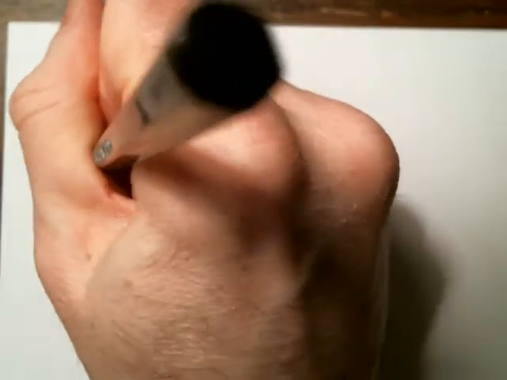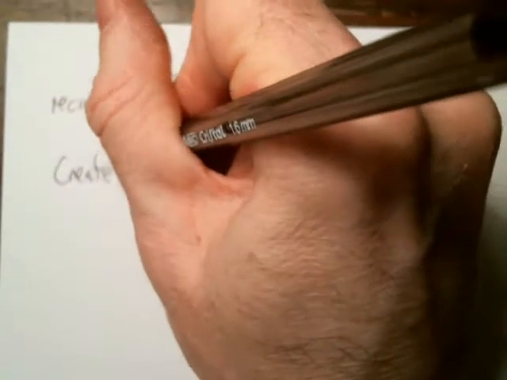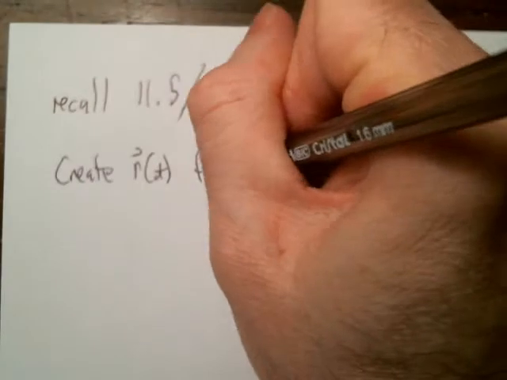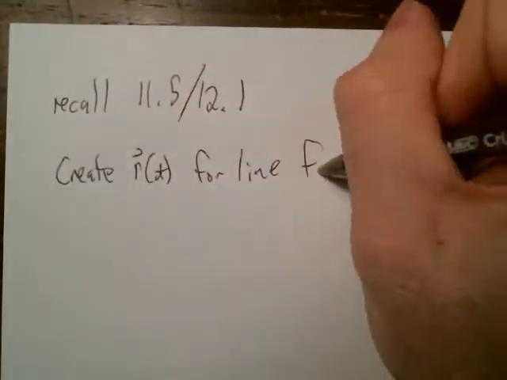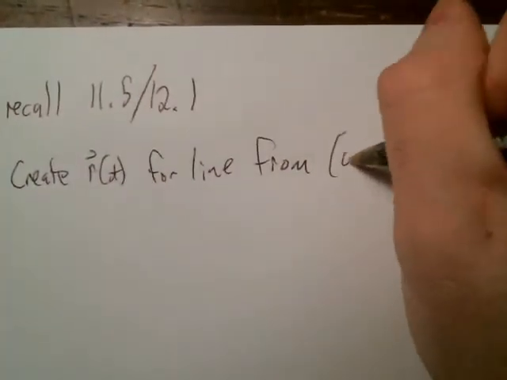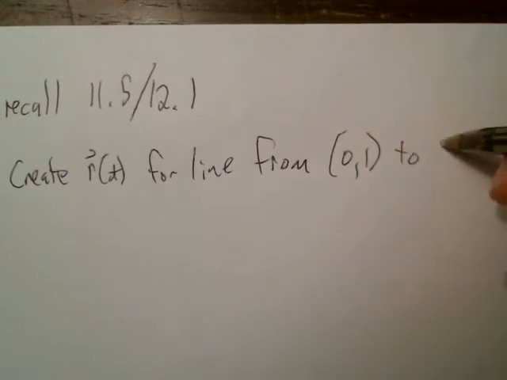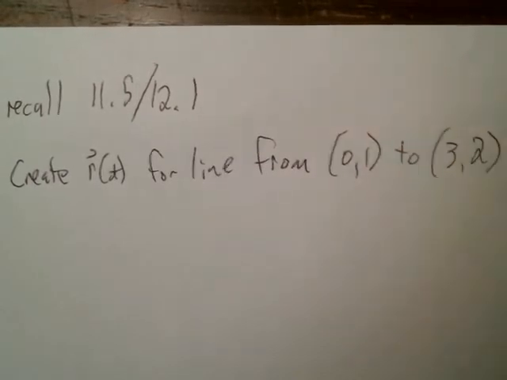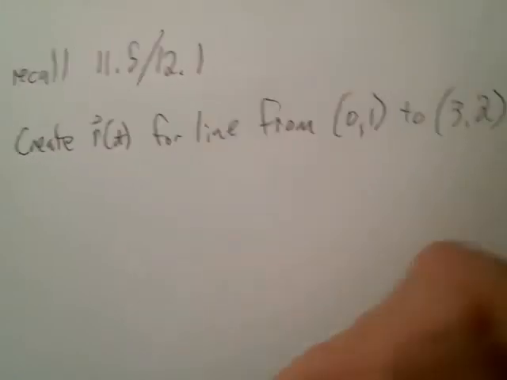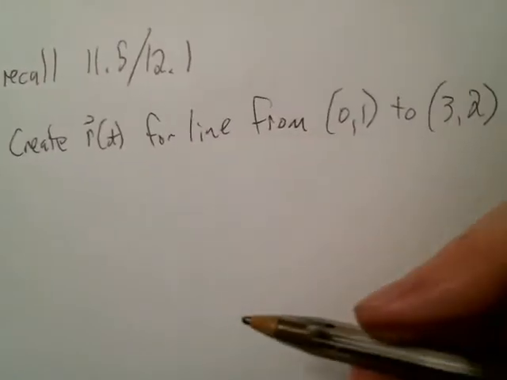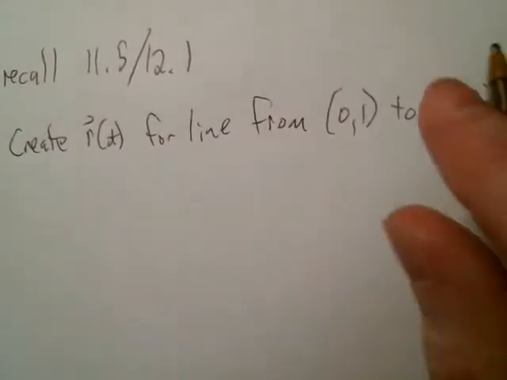So create R of t for the line from 0, 1 to 3, 2. Okay. First we taught you how to do this with regards to parametric equations.